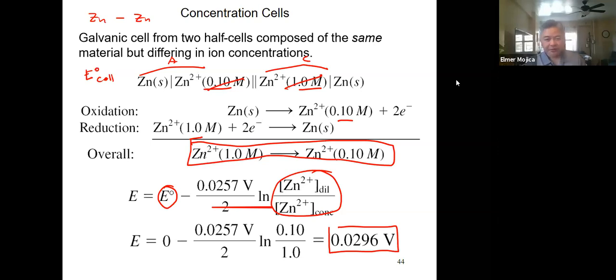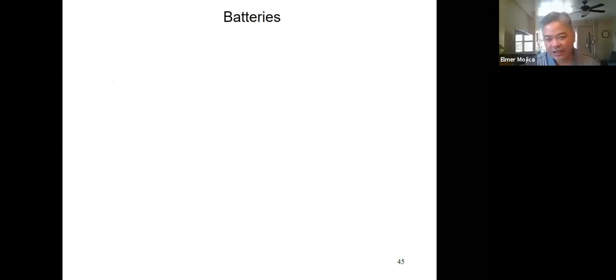So all you need to do is spend the time that you have to solve all the problems there. Okay? What we have discussed so far are all galvanic cells. I have not discussed electrolysis, although in some examples we have an electrolytic cell, but we have not discussed the electrolytic cell per se.